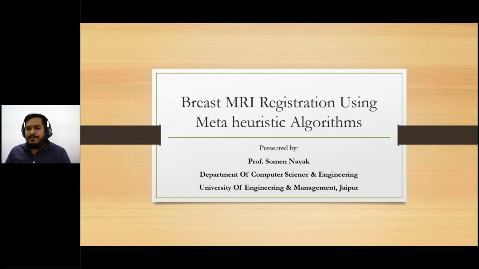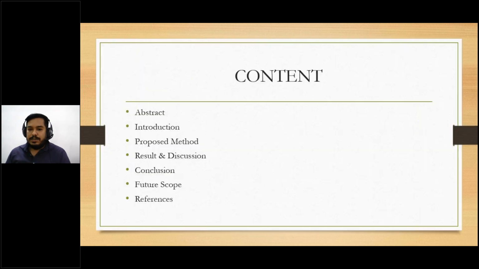Before I deliver the content of my research work in a detailed manner, I would like to tell you the areas that I am going to cover in this session. First, the abstract of my research work.